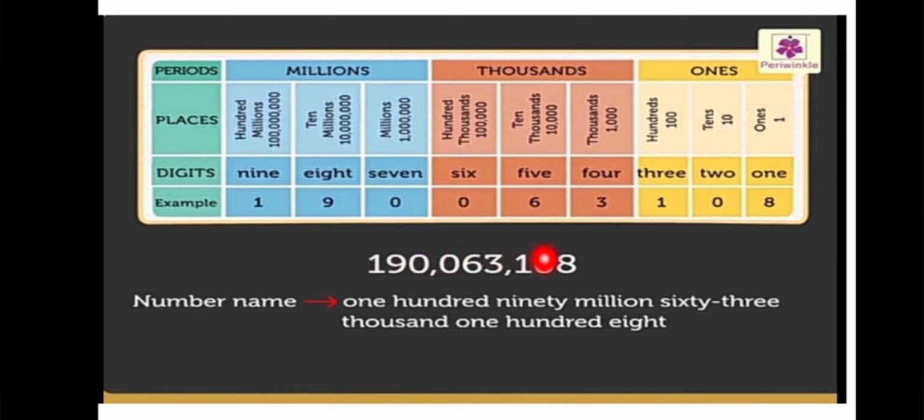Okay, now we will put commas properly. The first comma after the unit digits, the unit period, 108, and we put the first comma. The second comma after the thousands period, yes, 063, and we put the second comma. Now how will we read it? 190,063,108.